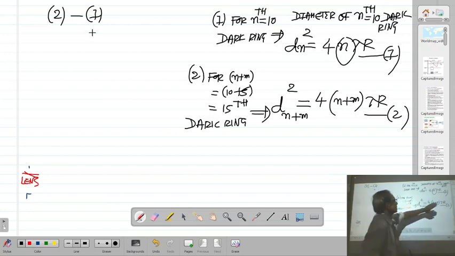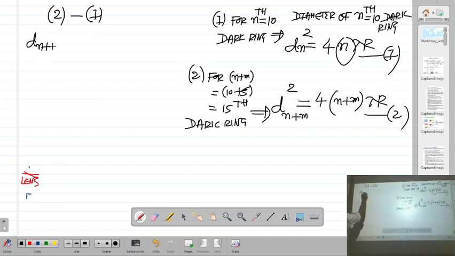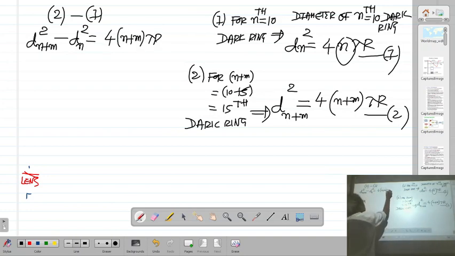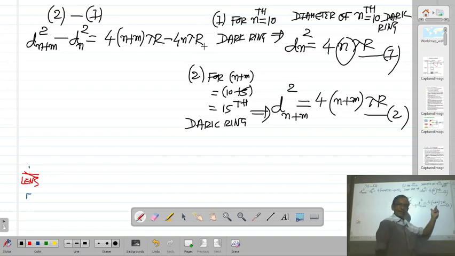So I take the difference: dn plus m square minus dn square is equal to 4 into n plus m lambda minus 4n lambda.